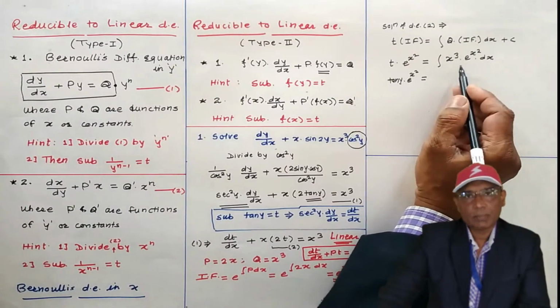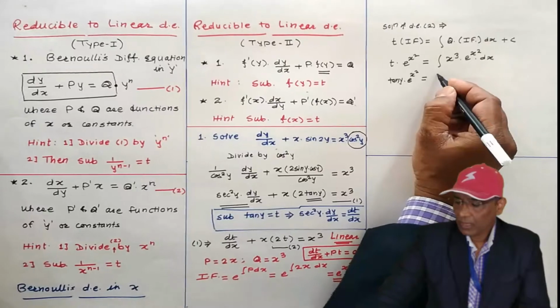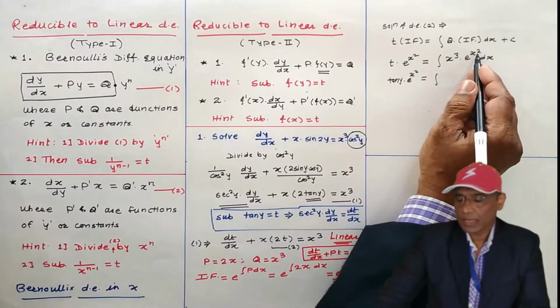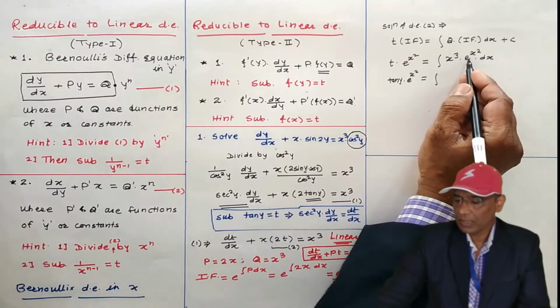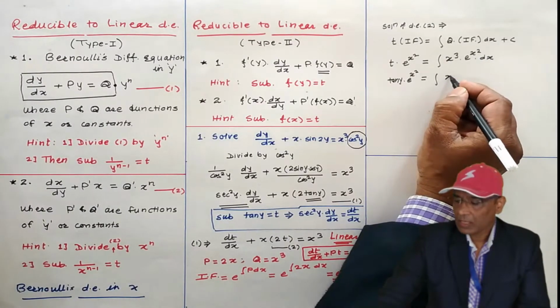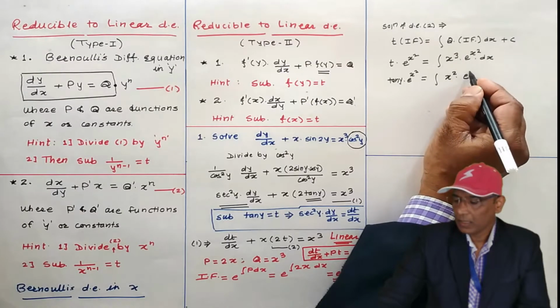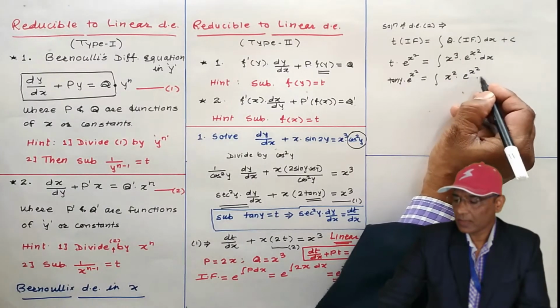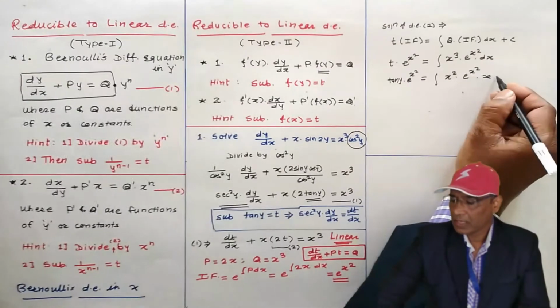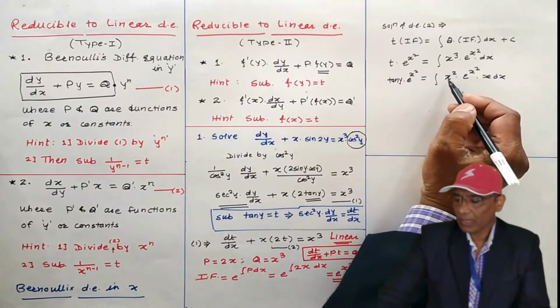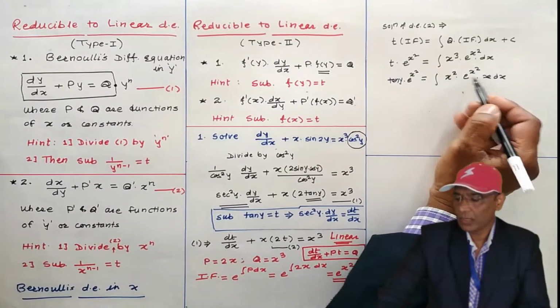So this integration can be easily evaluated. If you look at this function, the argument of e is x square, and this x cube can be written in terms of x square like this: x square into x dx. I have broken x cube like this, x square into x.